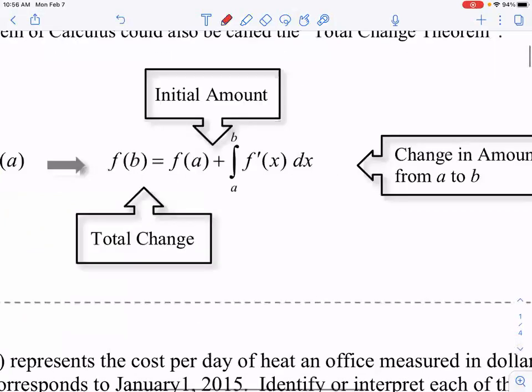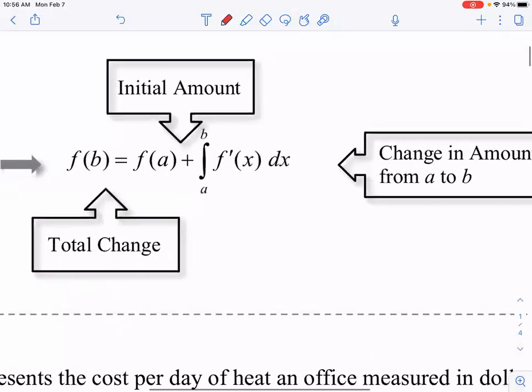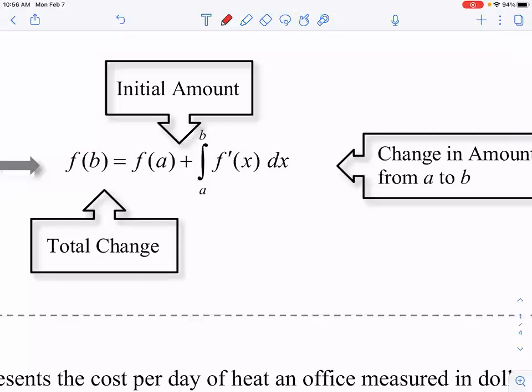Now I'm going to add f of a over here. We can think of f of a as the amount that we started with, whether it's f of 0 or f of 2 or whatever, it's an amount that we have. Then we're adding accumulation from a to b. So the integral represents the total change after we start.